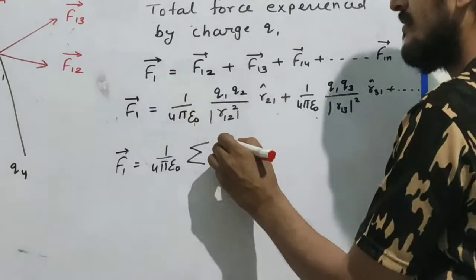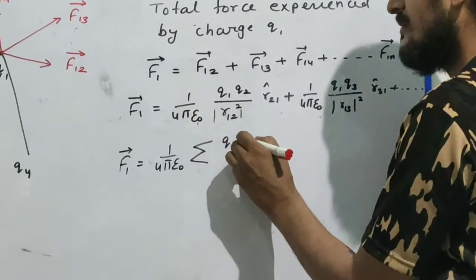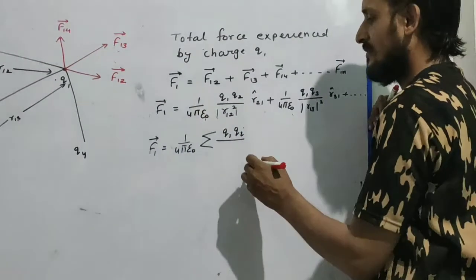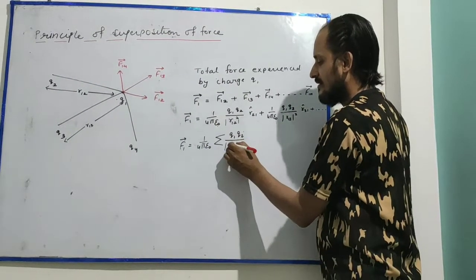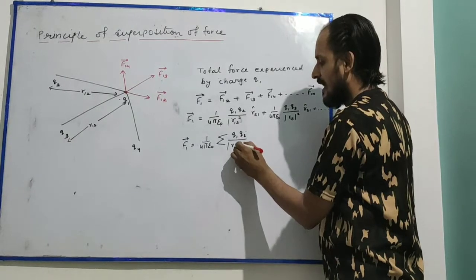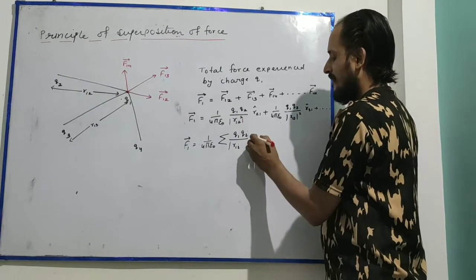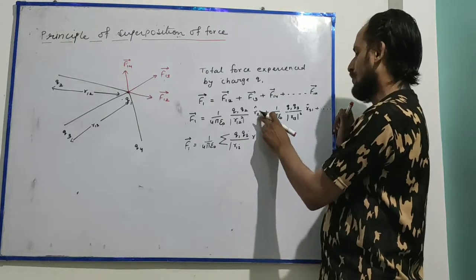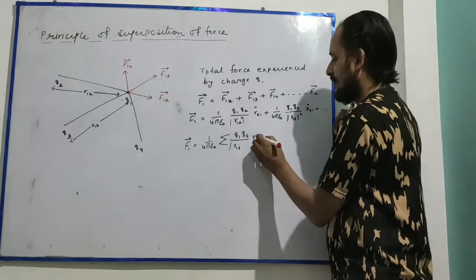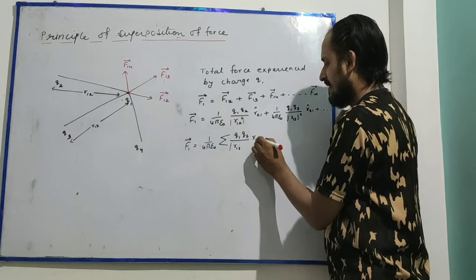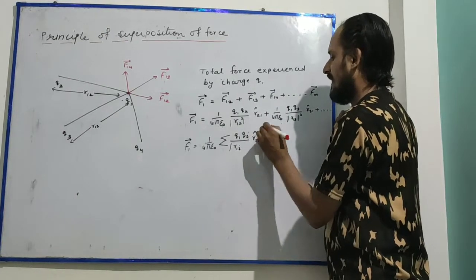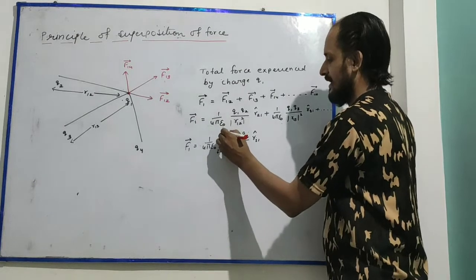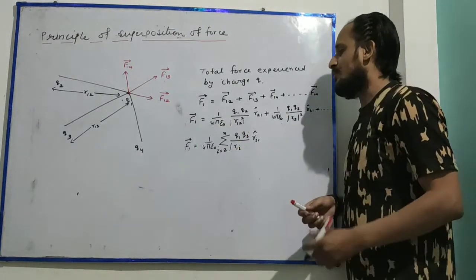Q1 is common, so you can write Q1, Qi upon R1i square, and since 1 is common, Ri1 cap, where i is from 2 to n. The value of i starts from 2 to n.